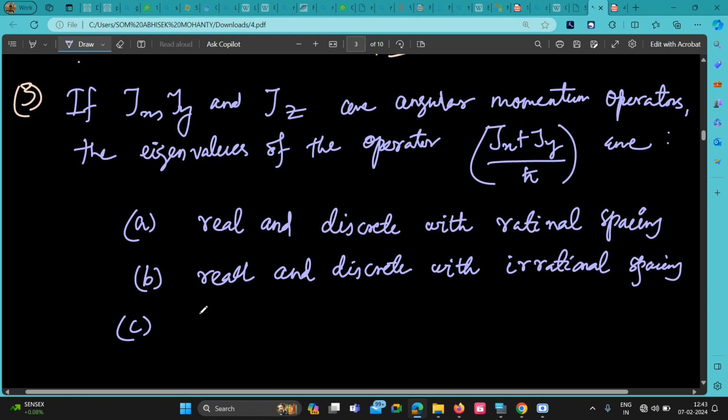Option C: real and continuous. Option D: not all real.